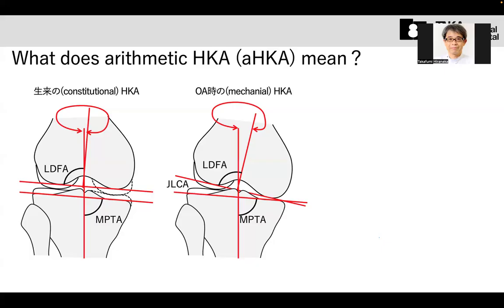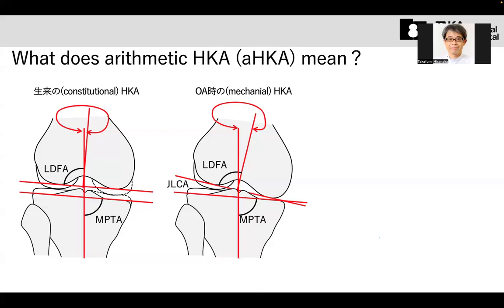If MPTA is larger than LDFA, arithmetic HKA comes out as a minus value. A minus value means valgus. If the MPTA is larger than LDFA, it means the patient has valgus HKA. If they are the same, they are parallel.